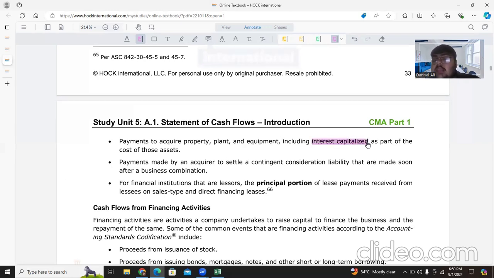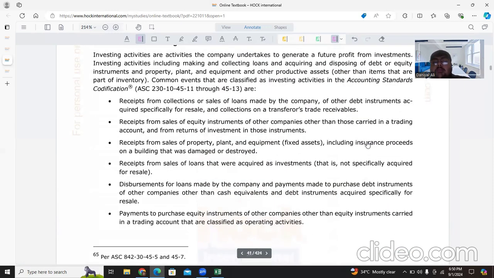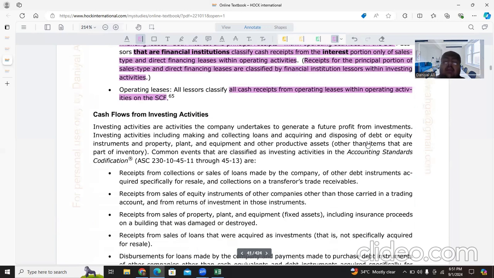In IFRS there is a standard, IAS 23 Borrowing Costs, that explains this. Payments made by an acquirer to settle contingent consideration liability that may be paid after a business combination. All right, for a financial institution as lessor, principal amount of lease payments received from lessee on sales type and direct financing leases. All of this has been explained earlier in detail and in depth. We tried our best to explain the financials.